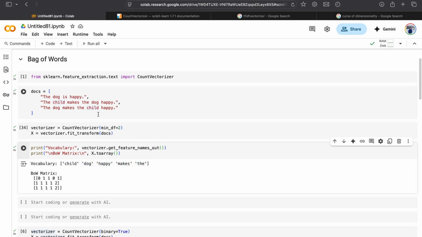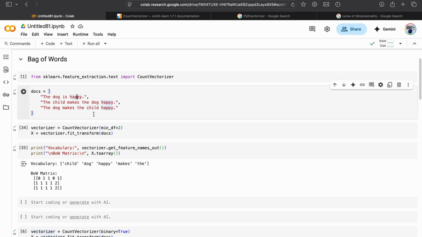So these two terms, max df and min df, are used to regulate the dimension of the vector. Basically, the idea behind min df is that if you have lots of reviews, you might have some mistyping, right?